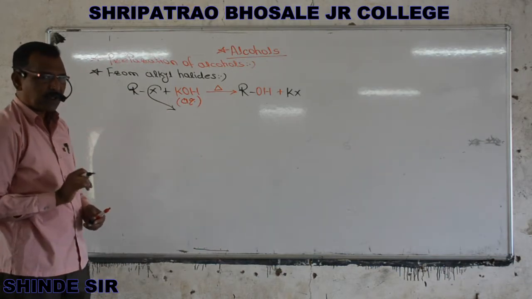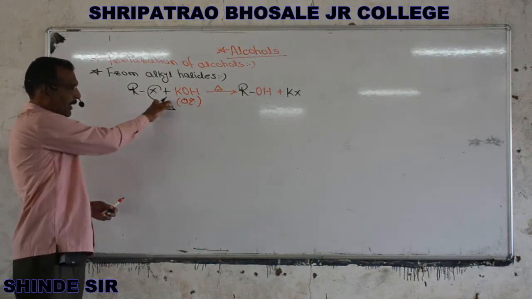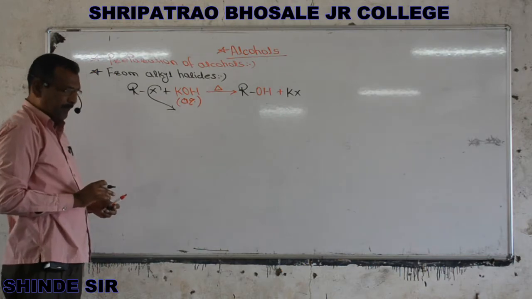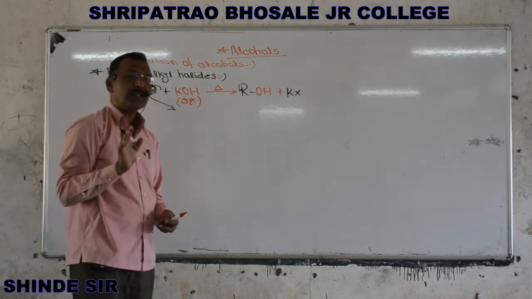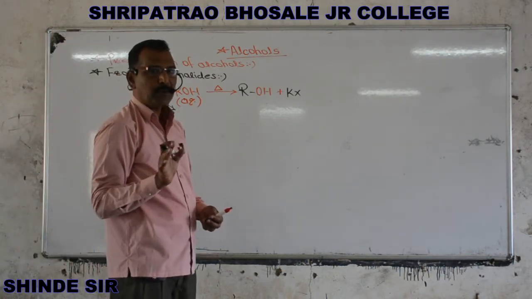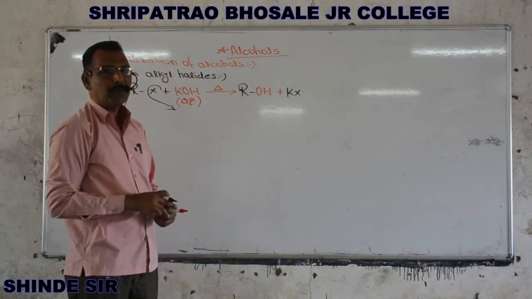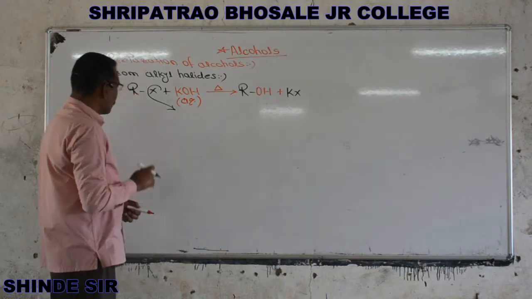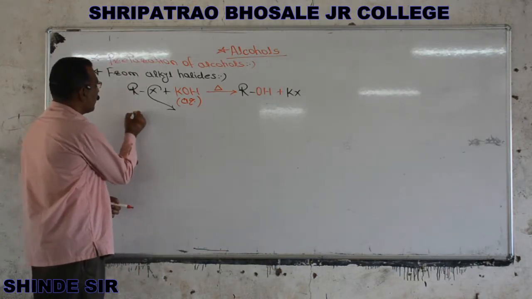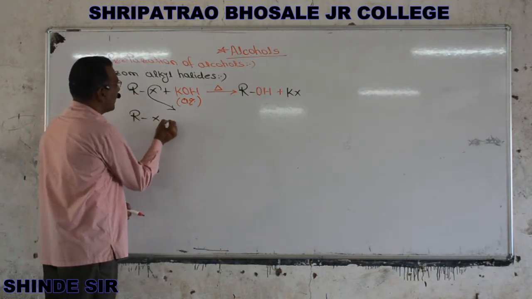Again there is another alternative method. Instead of aqueous alkali, you can also use moist silver oxide. By using moist silver oxide, we can again obtain alcohol from alkyl halide. I will show the reaction. Consider this is alkyl halide.